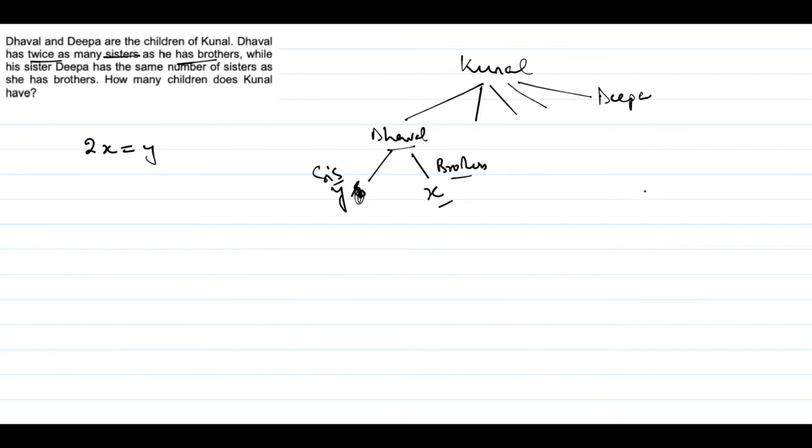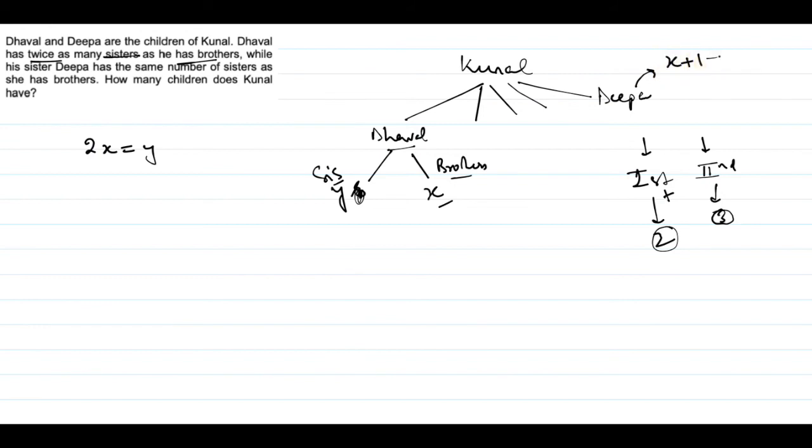Like, if I have two brothers and a sister, she is second and I'm first. So if I have two brothers, she is my sister. How many brothers will she have? These two plus me. So she will have 3 brothers. So Deepa will have x plus 1 brothers.